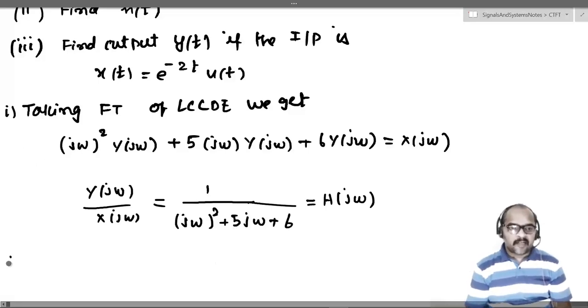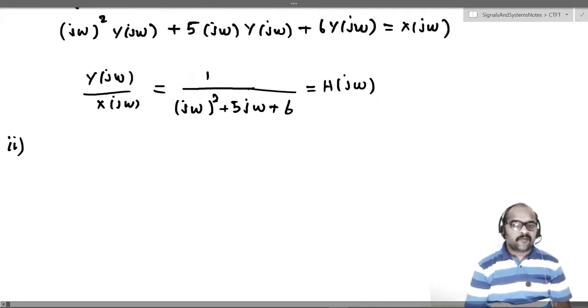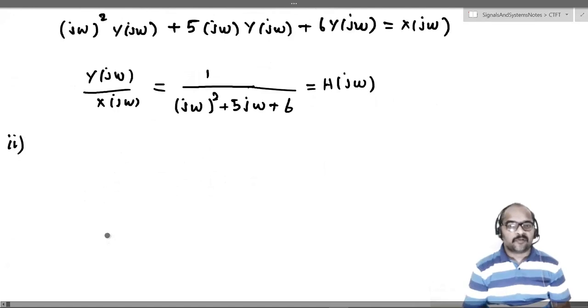What is the second problem? We have to find the impulse response of the system. We know that the impulse response and the frequency response of the system form a Fourier transform pair, and hence we have to find the impulse response from the frequency response.